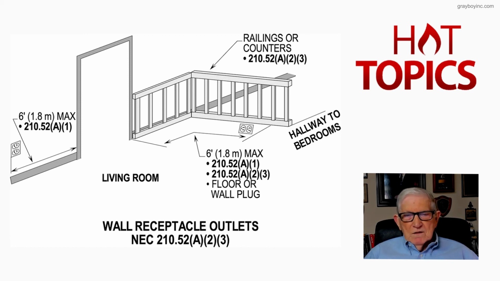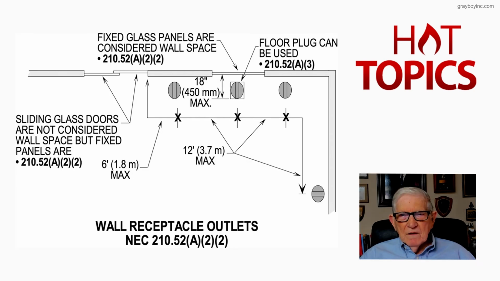So this figure 10-10 is illustrating the NEC 210.52(A)(3), where you deal mainly with railings or counters that would need a receptacle outlet based upon the size and length of them. Now let's review this figure 10-10B.